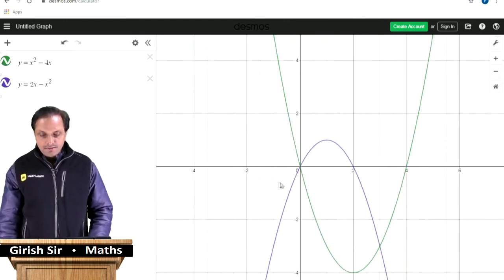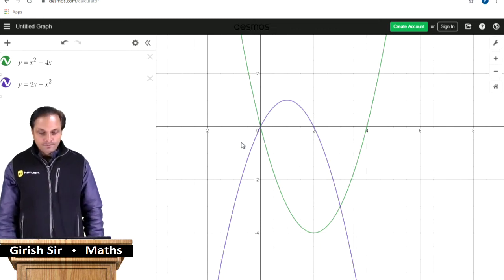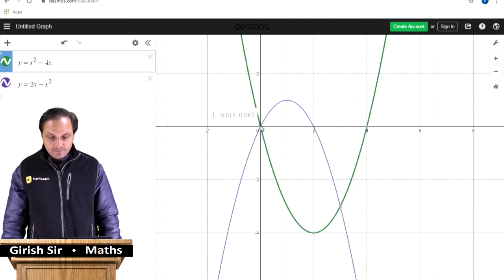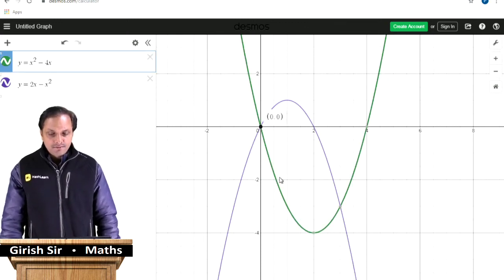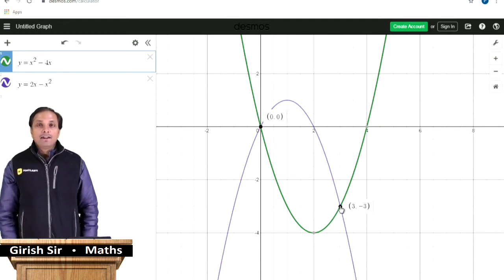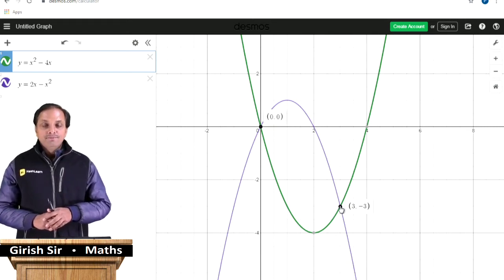Can you observe this? This is how the parabola looks like. And you can make a note of this. This is what your 0, 0 and this is what your 3, minus 3.